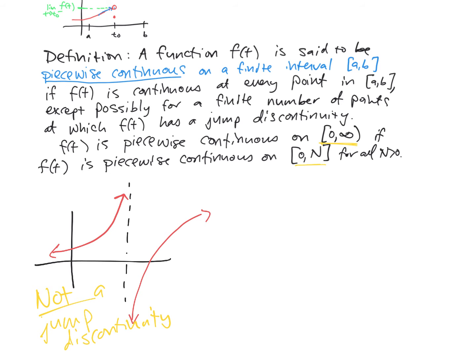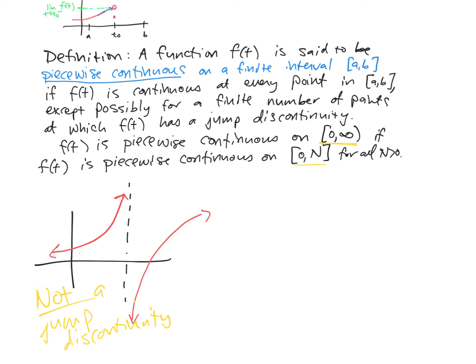We don't want any of those things. If it has something like that, then it's not piecewise continuous. The reason we don't like this is that these left and right-hand limits are not finite. They go to infinity. So if you were adding up the area under here, it would possibly be infinite, and we don't want to deal with any of that. That's not going to be helpful when we're defining our integrals.